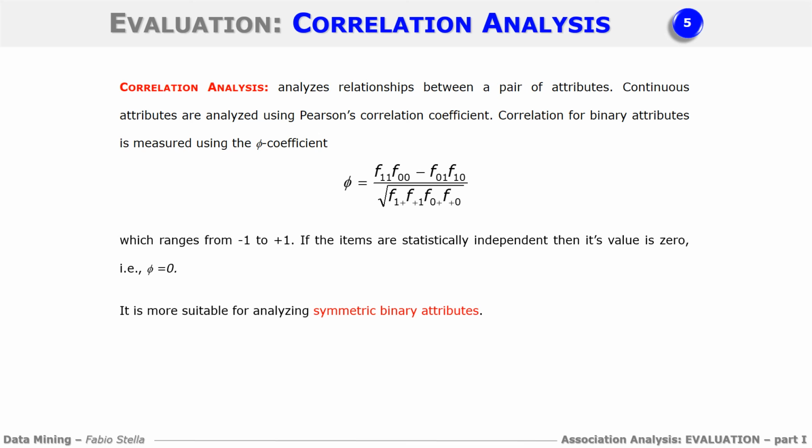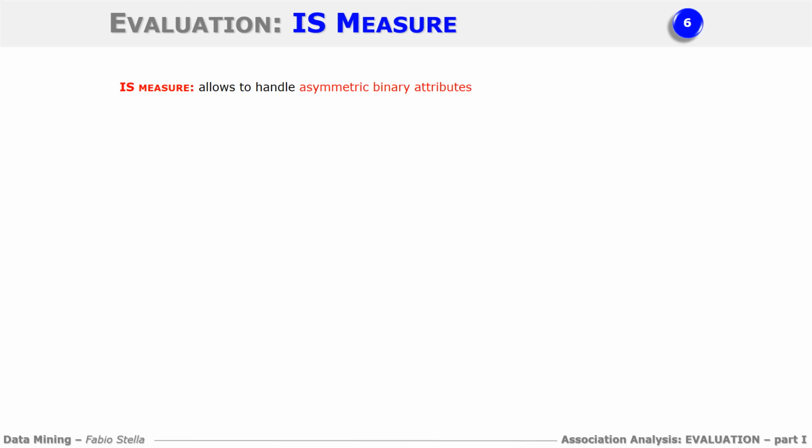The third and last evaluation measure we introduce in this lecture is the IS measure. It allows us to handle asymmetric binary attributes, and it is formally defined as follows.